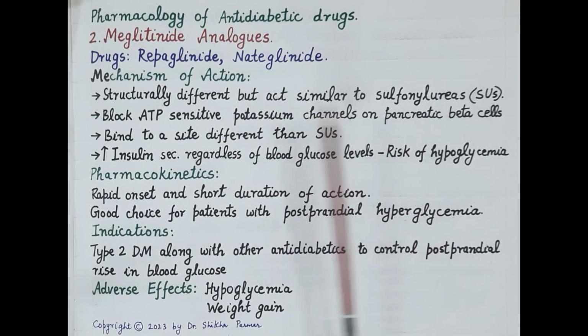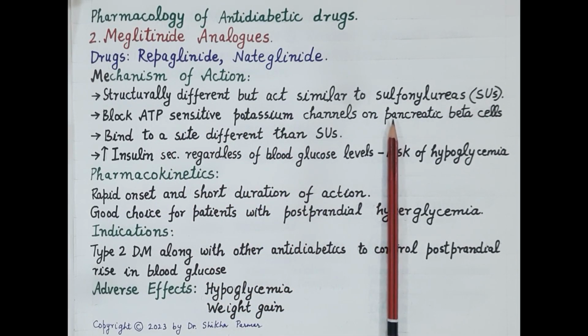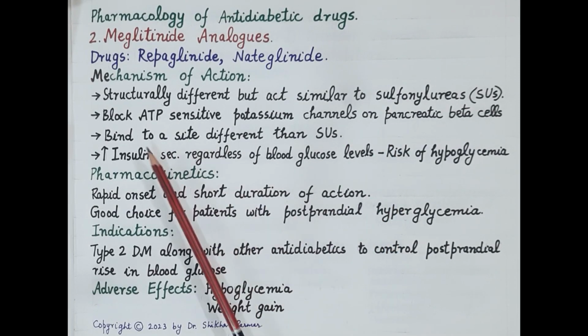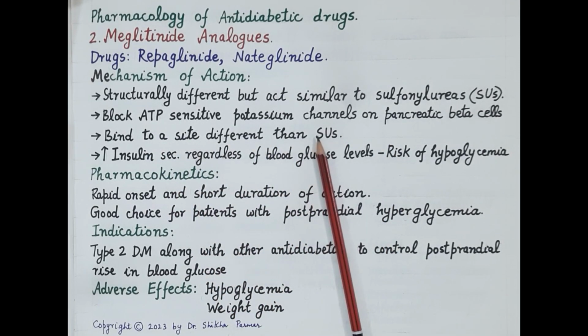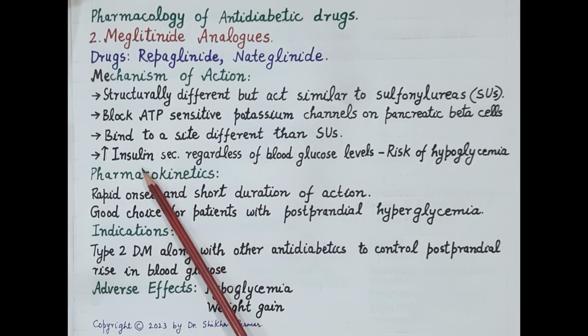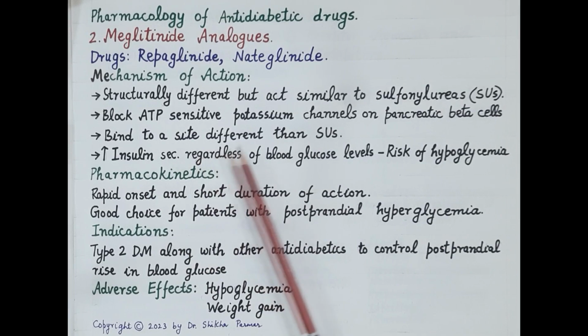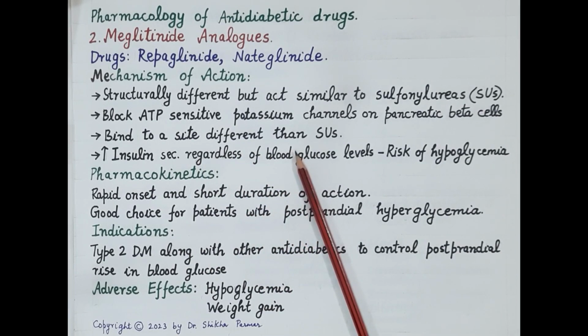So, these drugs also block ATP-sensitive potassium channels on pancreatic beta cells, but they bind to a site different than sulfonylureas. Now, these drugs also increase insulin secretion regardless of the blood glucose levels.